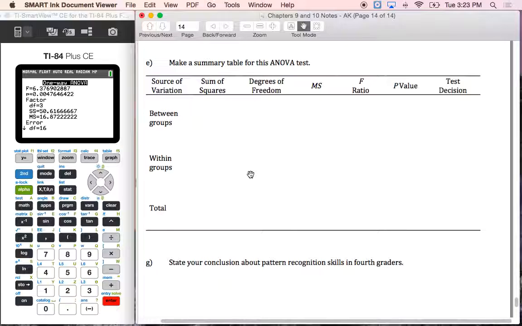Okay, for your summary table then. So you have the between groups, that's your factor. Within groups, that's your error. So my SS is my first column, my DF is my second, and then you have your MS. So you want to find the factor SS.